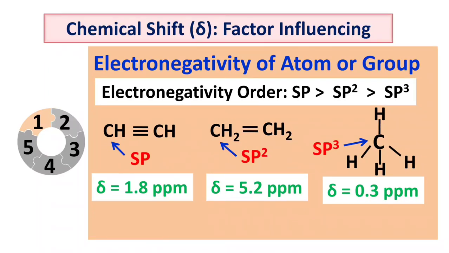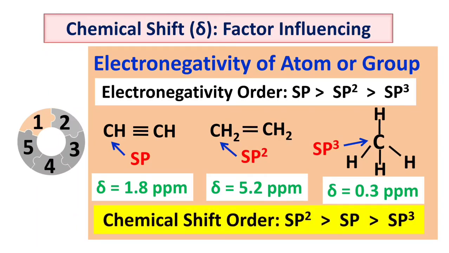Remember that alkene always has the highest delta value, followed by alkyne, and last we have alkane. So the chemical shift order will always be for sp2 carbon, then for sp carbon, and for sp3 carbon.